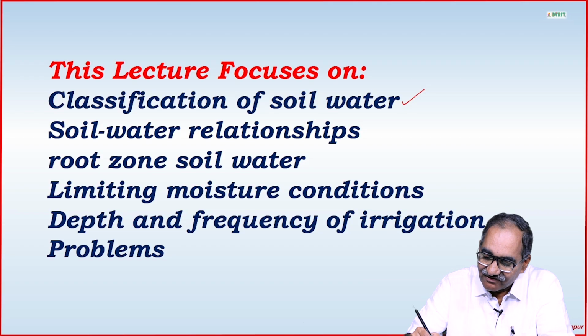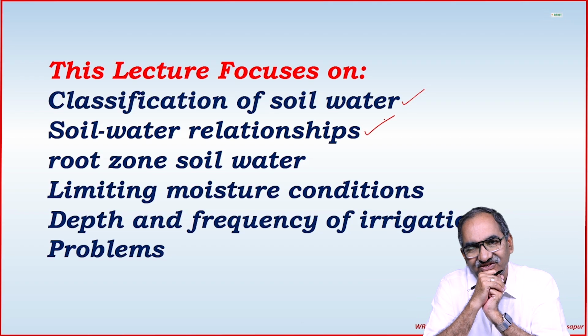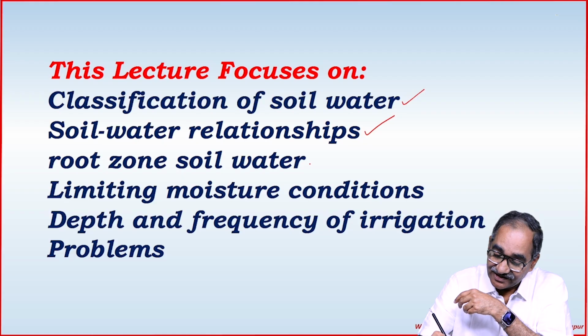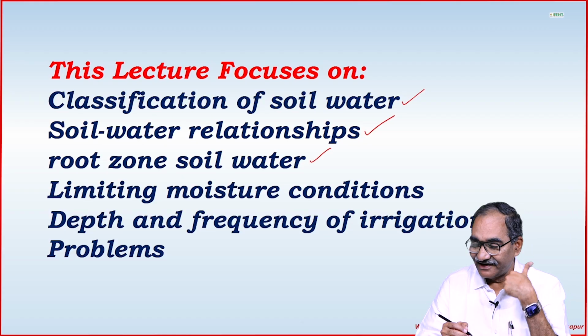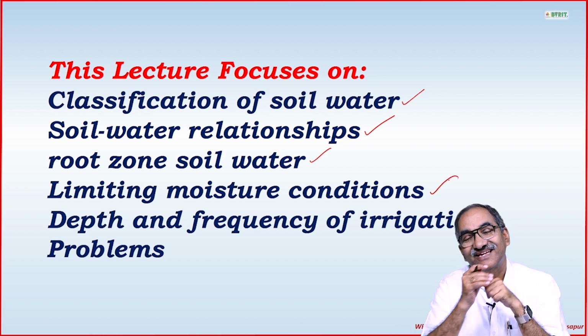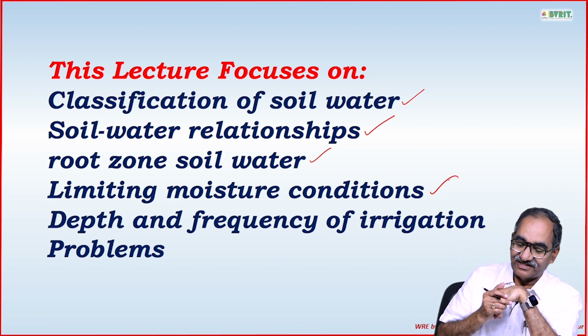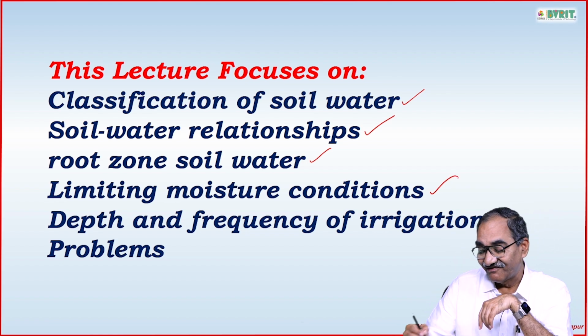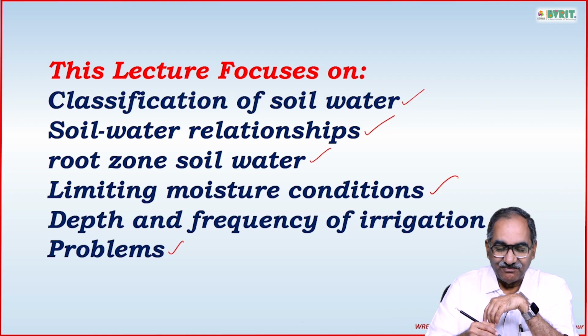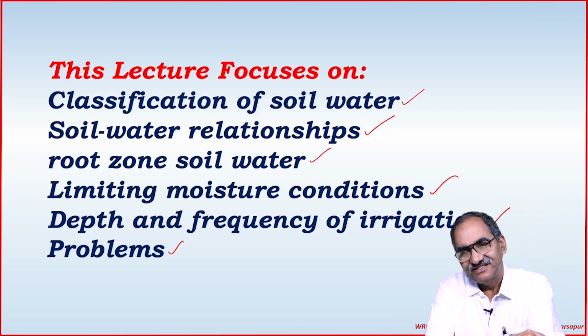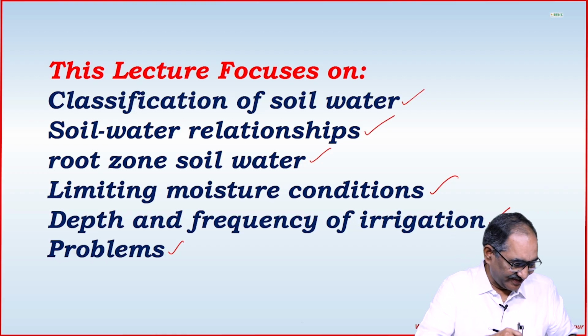Then the soil water relationships and the root zone water, which is being utilized for plant growth. Then what do you understand by the limiting moisture contents, and what is the depth and frequency of irrigation, right? Then some problems in this. This is the way this lecture is organized.